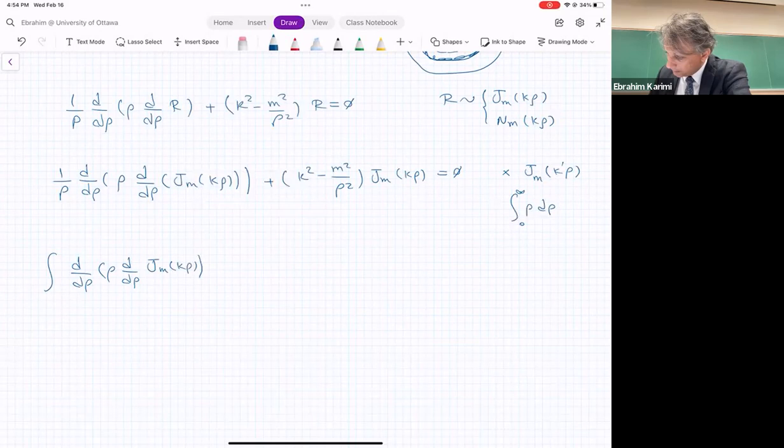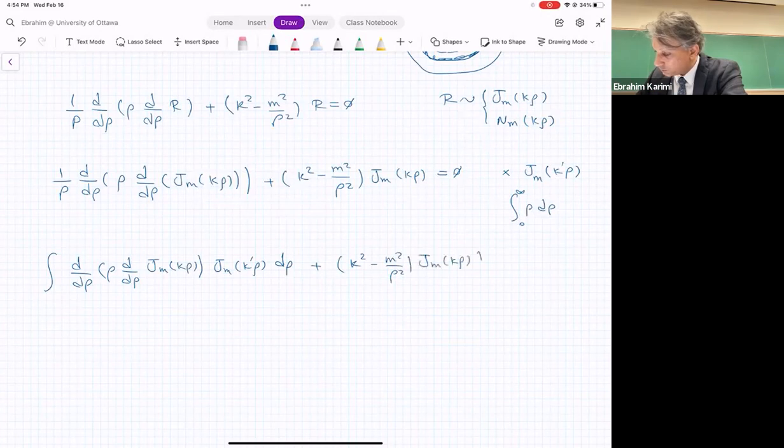Then I have Jm of k prime rho d rho. The other rho cancels out with the denominator. Then I will get plus k squared minus m squared divided by rho squared, Jm of k rho, Jm of k prime rho, from 0 to infinity of rho d rho, equal to 0.